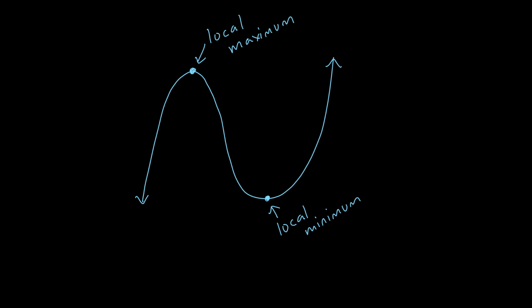All right, so now that we've covered local maximum and local minimum, where on this function do you think we're increasing? From the local minimum going up, yep. Right here, this is increasing.